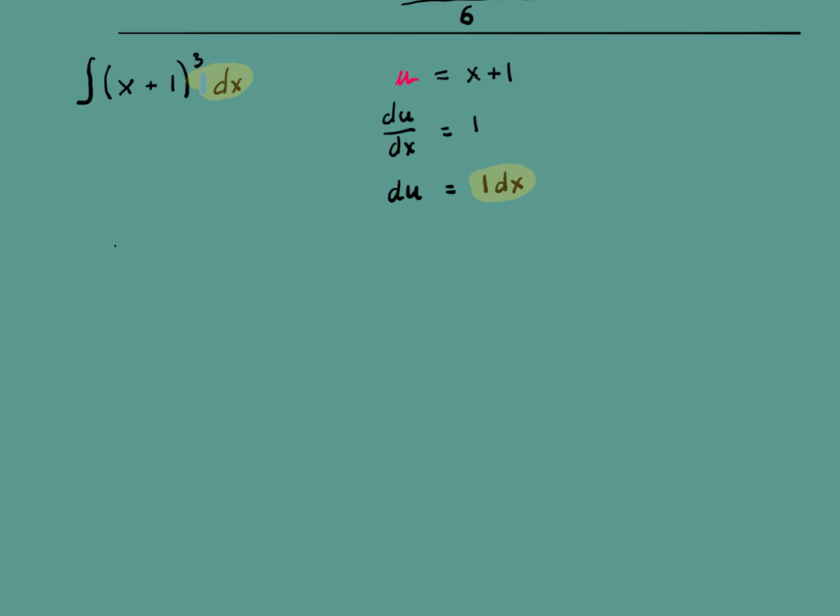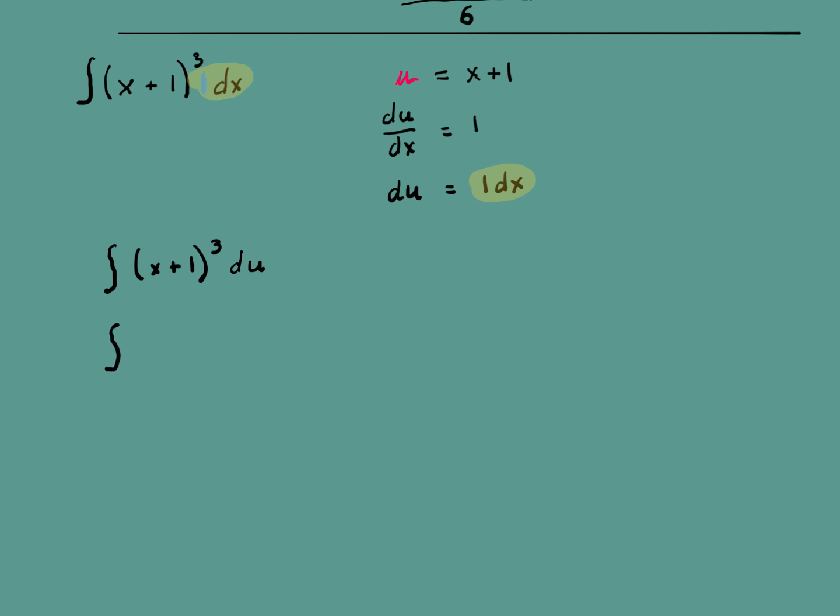And so we will have x plus 1 to the power of 3, and we can substitute 1 dx with du. Okay, so we can't integrate this because we're integrating it with respect to u, so we must change this to u.